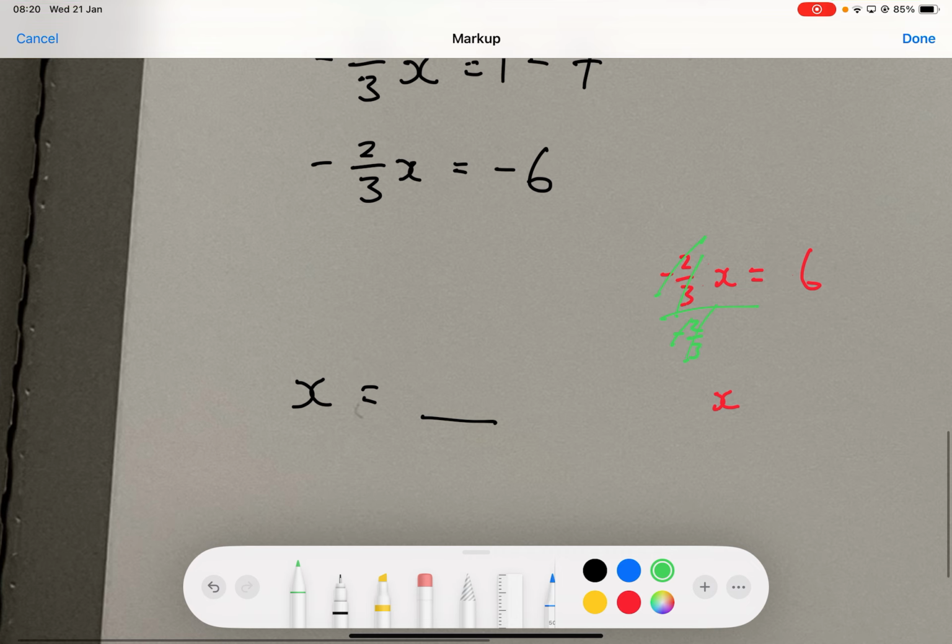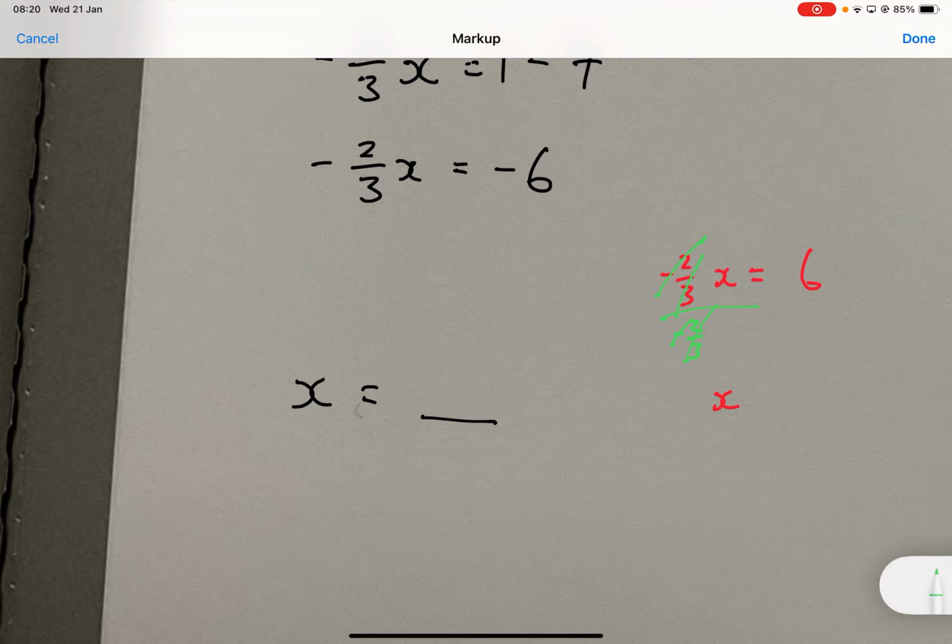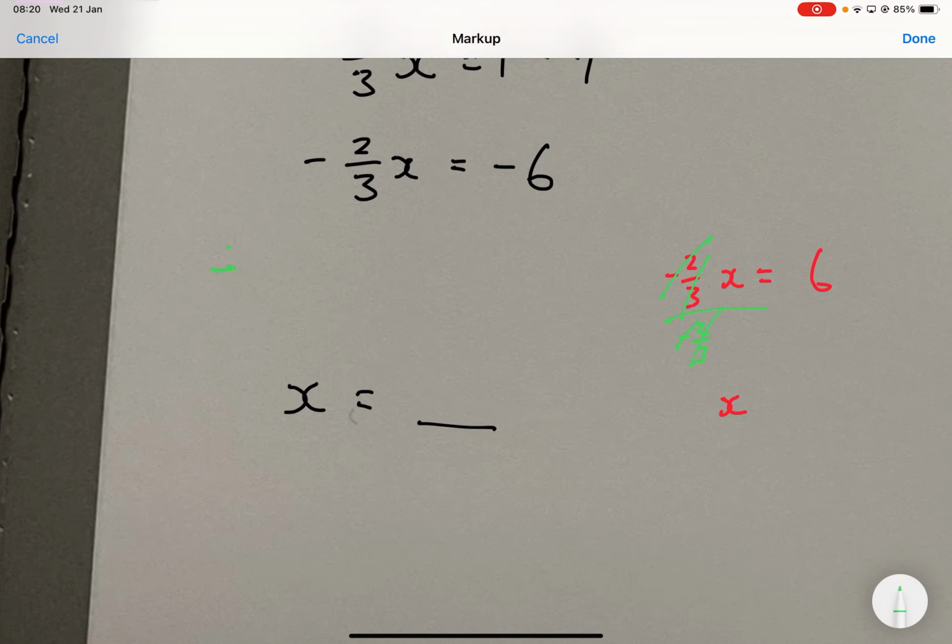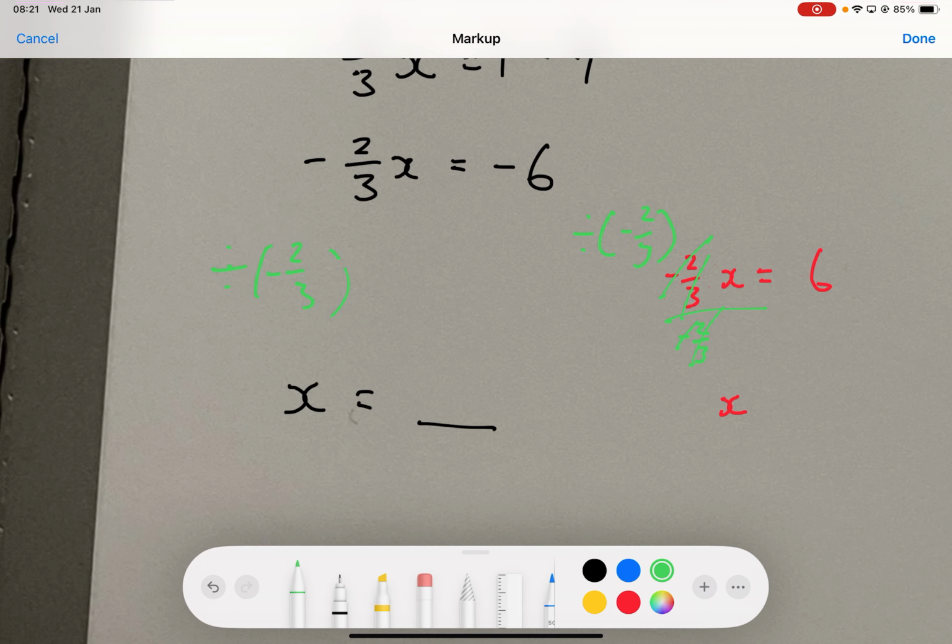Meaning, here also the same. From this step, from the left, I want to become x. I will just divide by negative 2 over 3. Then I must do the same thing on the right. I divide by negative 2 over 3. Okay? Then my left hand side will become x already.